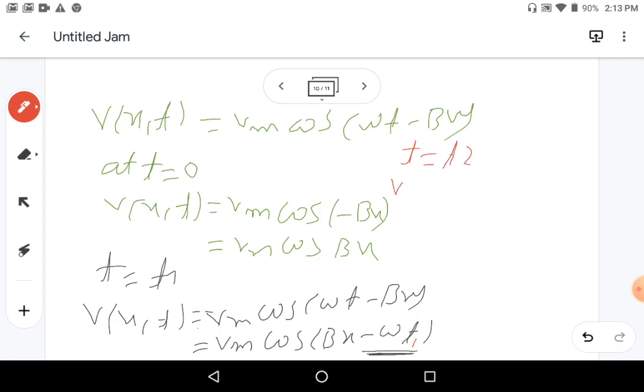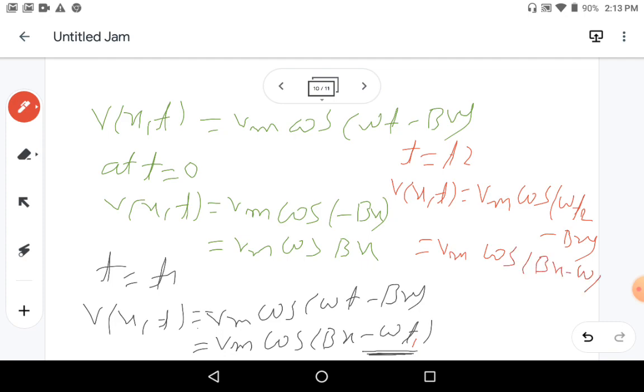So v of x,t equals Vm cos of omega t2 minus beta x. It may be written as Vm cos of beta x minus omega t2.